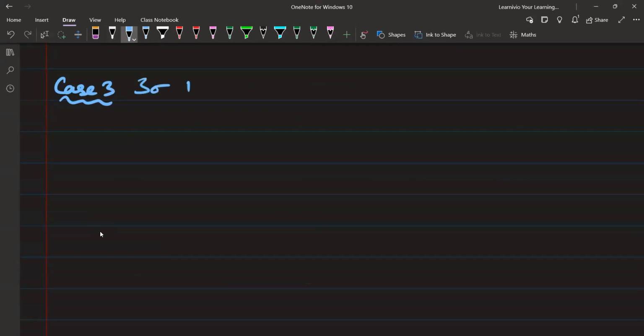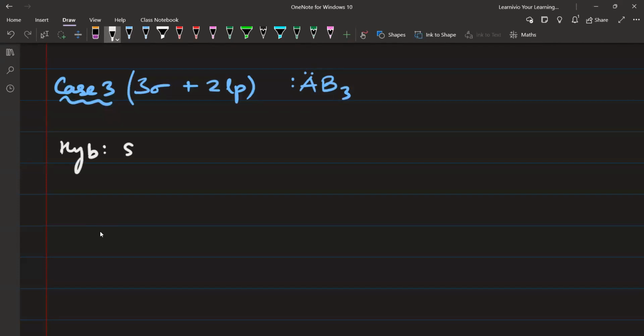C sigma plus 2 lone pairs. The type of compound we will be making in this case will be what? A, B, C, and there are 2 lone pairs. The hybridization in this case will still be sp3d. The geometry and everything will be still the same.